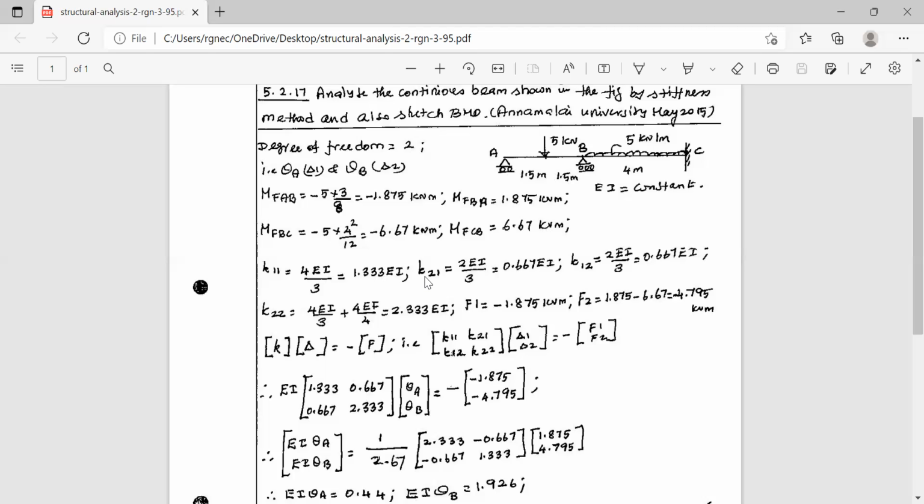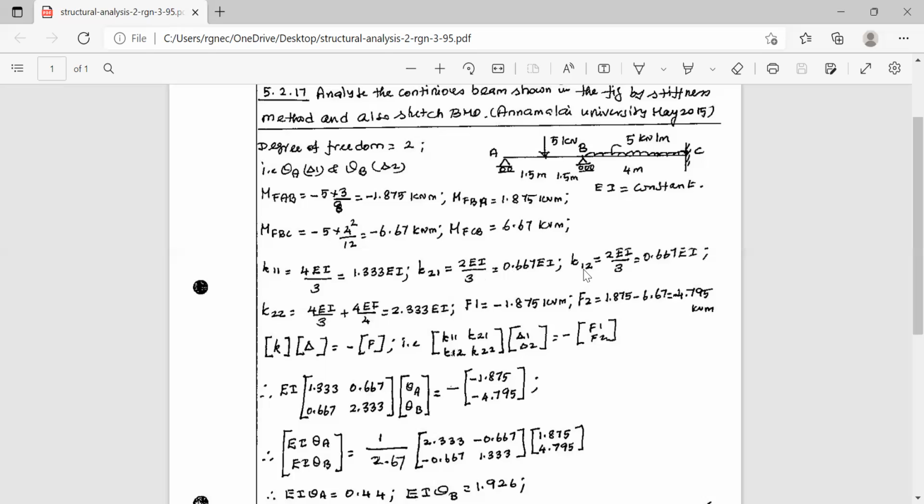That is what is represented as the stiffness coefficient K21. 1 is the point where the rotation is applied. 2 is the point where the moment is induced. So that is equal to 2EI by L, because this is the point where the rotation is applied and this is the point where the moment is induced. It is the farther side. Farther side means the formula is 2EI by L. So this is the value.